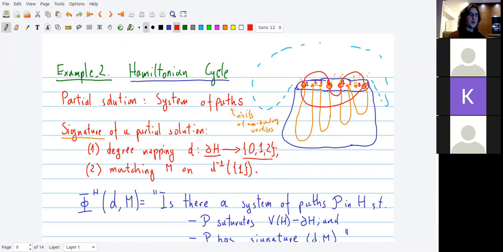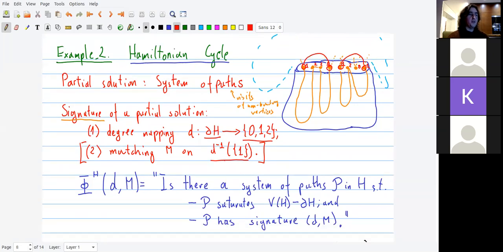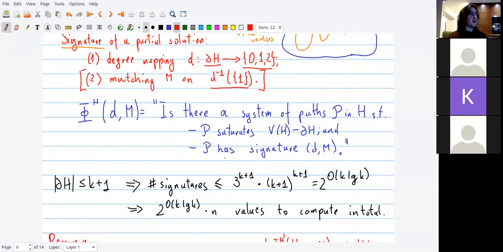So I need to understand how the degree 1 vertices are being connected by this system of paths. So this I will encode in a matching on the vertices of degree 1. On the inverse image of 1 in this degree mapping, I need to define a matching, to understand the connectivity that the system of paths is providing.